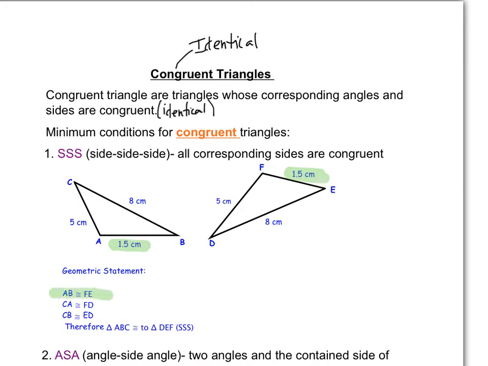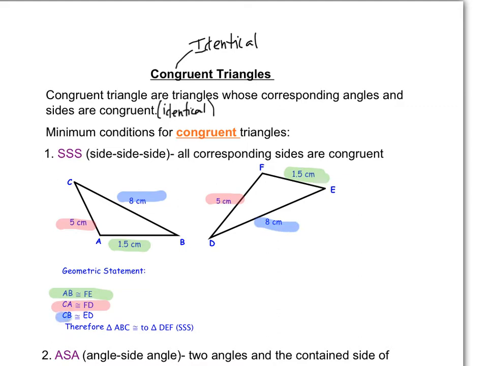Now we're going to look at our other sides. We have side CA, it's 5 centimeters, and we can see that side FD is also 5 centimeters. So we can state that CA is congruent to FD. And then lastly, we have side CB, and it's 8 centimeters, and side DE is 8 centimeters.